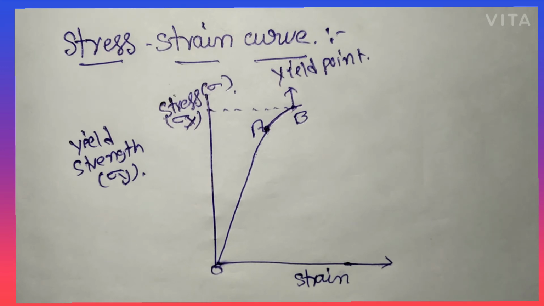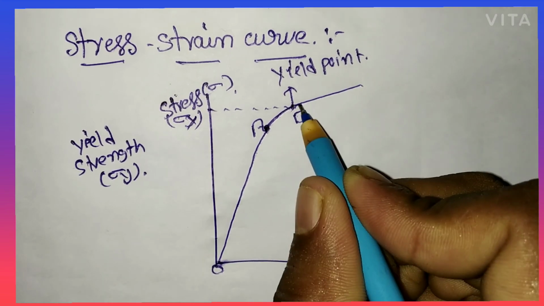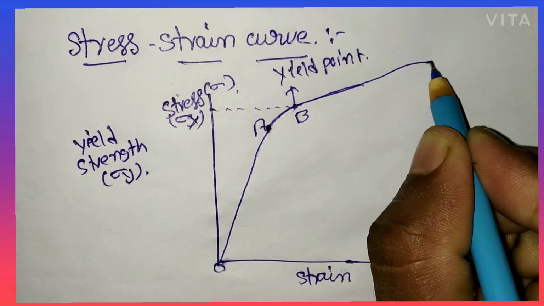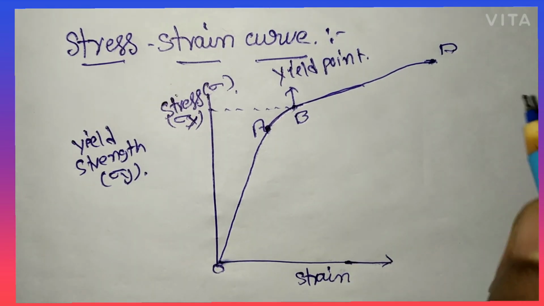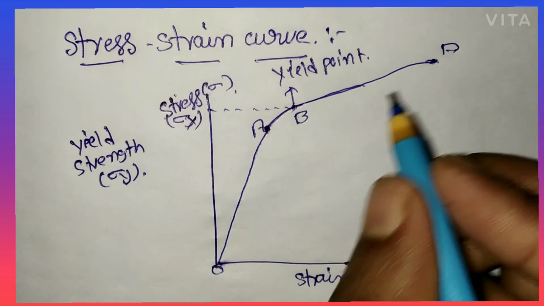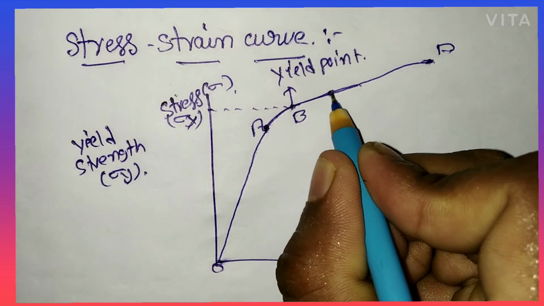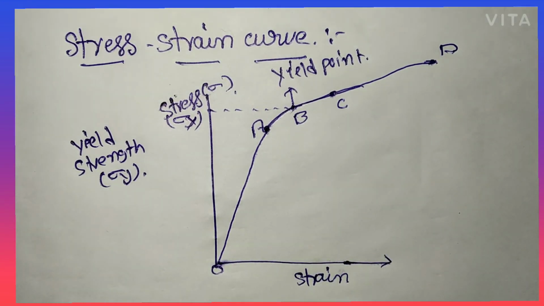The portion of the curve between B and D shows this. When the load is removed, say at some point C between B and D, the body does not regain its original dimensions.